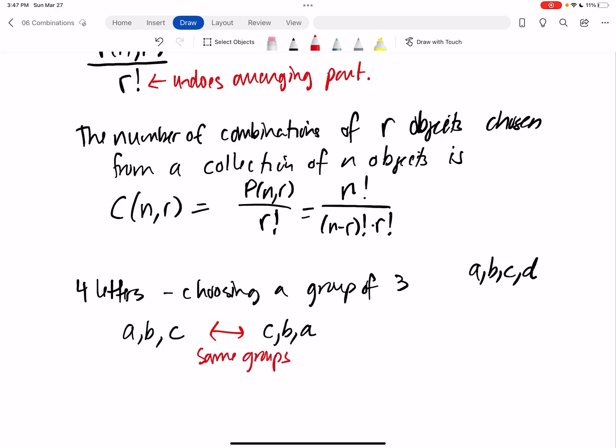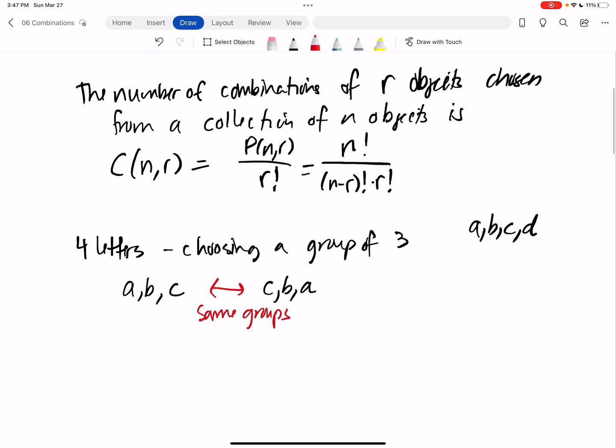So there should be fewer groups of objects than there are arrangements of objects. So the ones I have are A, B, C, A, B, D, A, C, D, and B, C, D. There are just 4 combinations or unordered sets.